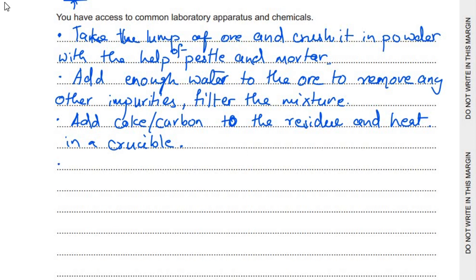Then the bismuth(III) oxide reacts with carbon to form carbon dioxide.